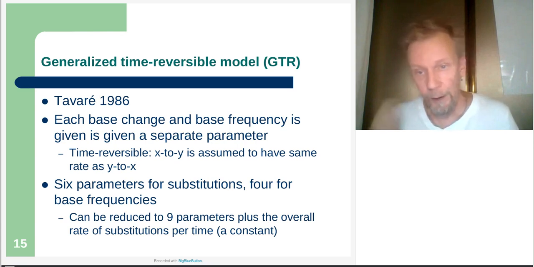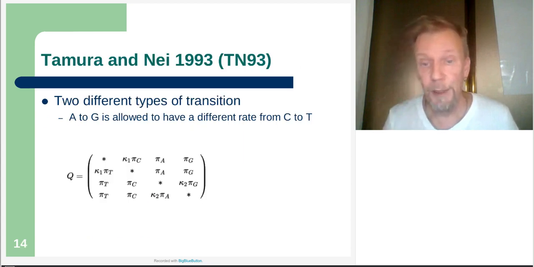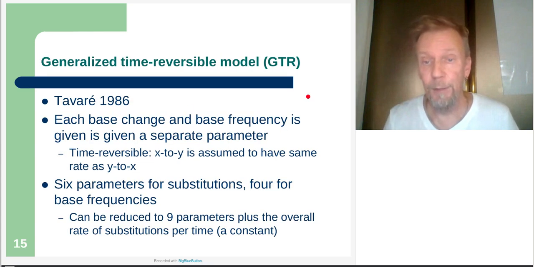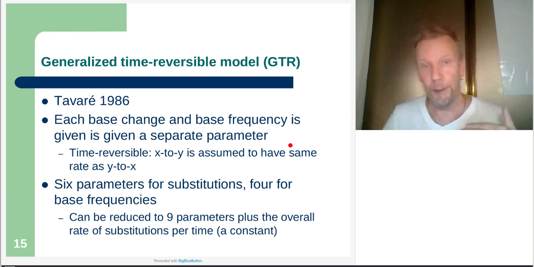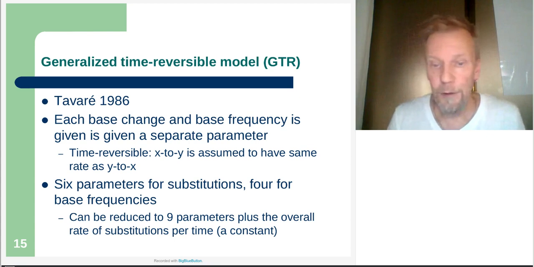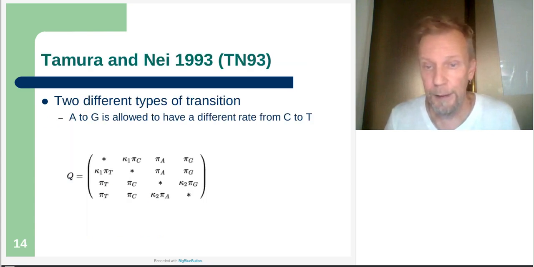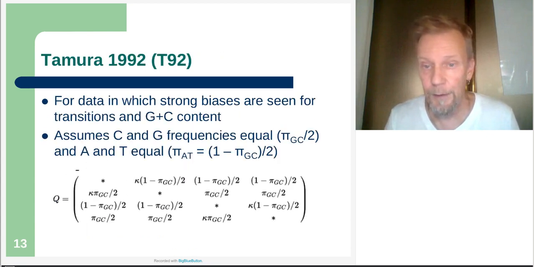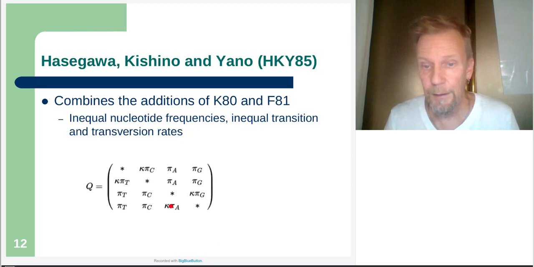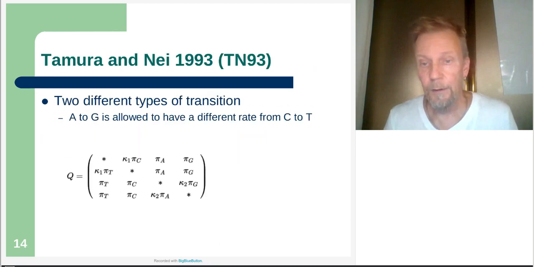Well, we don't have every rate to be different, because this is assumed to be time reversible, so that we have the same probability for going forward and backward in a change.